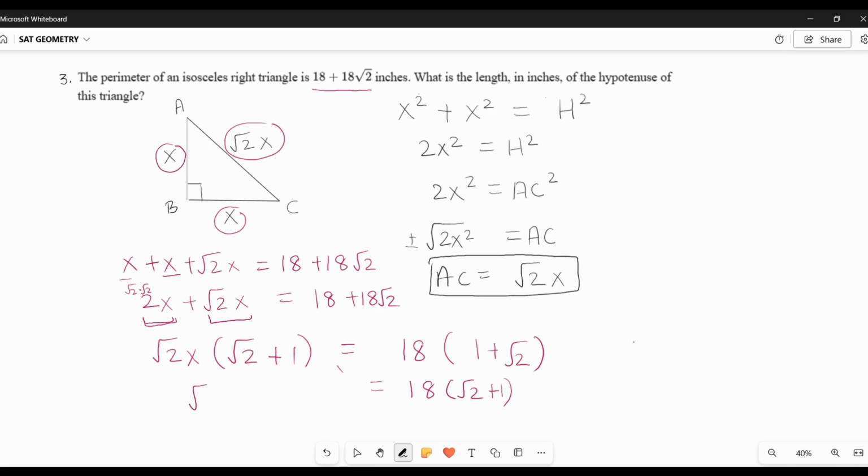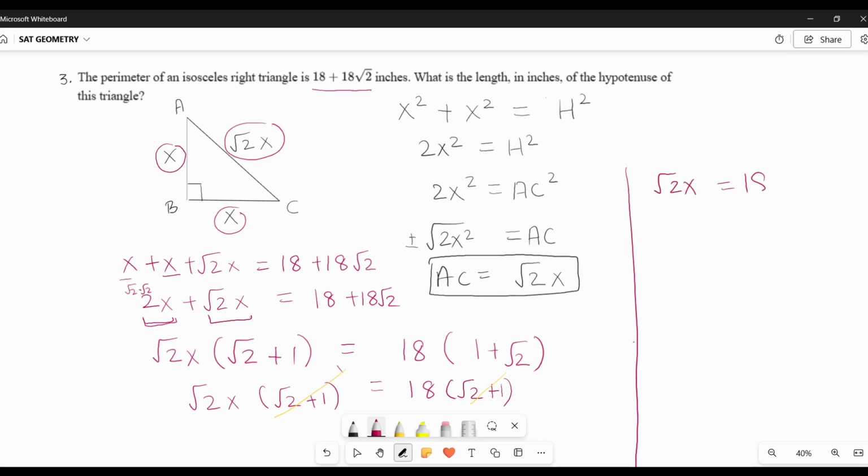Now, if we compare the left hand side and the right hand side here, we can clearly see that root 2 plus 1 is a common factor. So root 2 plus 1 will go on the other side in division. So it will basically become 1, and this term on both sides will eliminate. So now we are just left with root 2x equals 18.